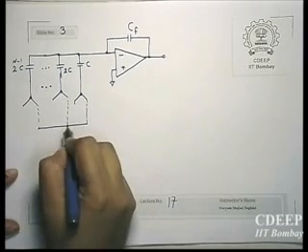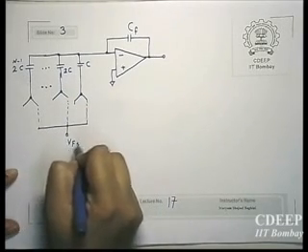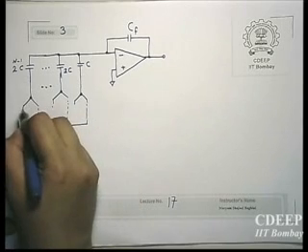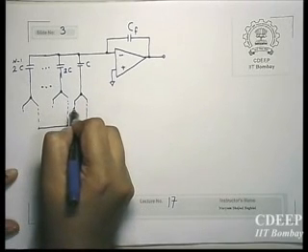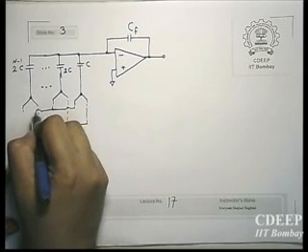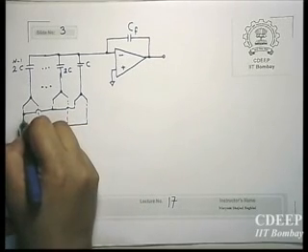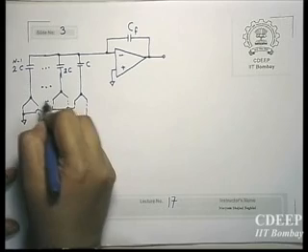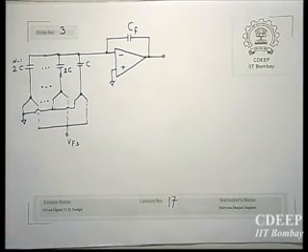So one side is V full scale and one side is VSS level. And they are controlled by the bits.